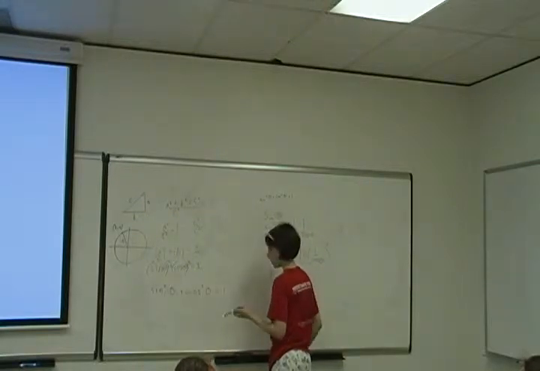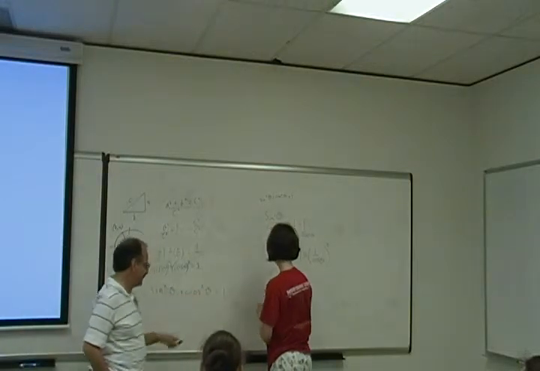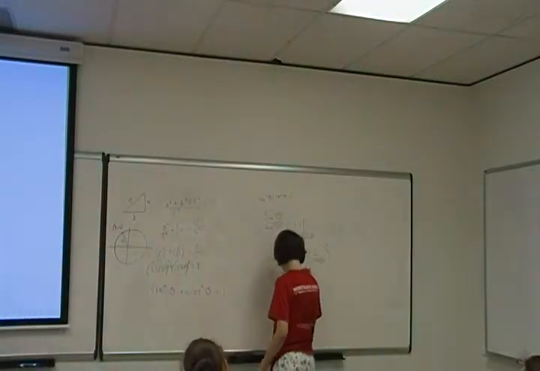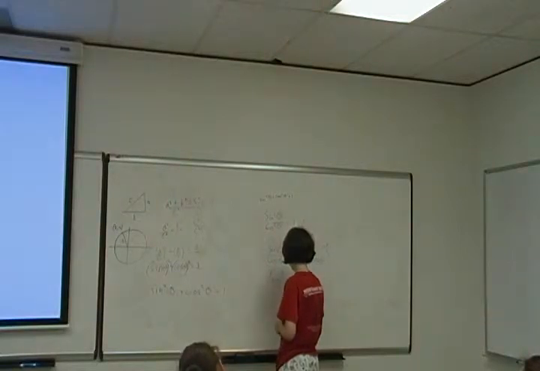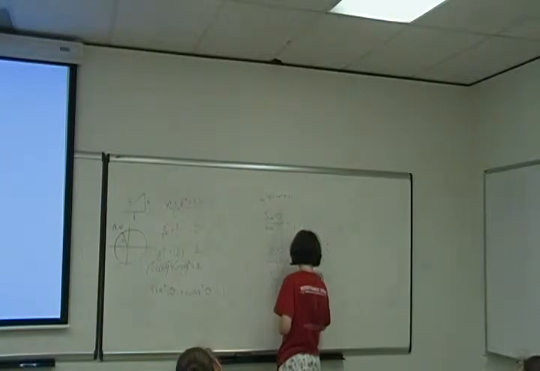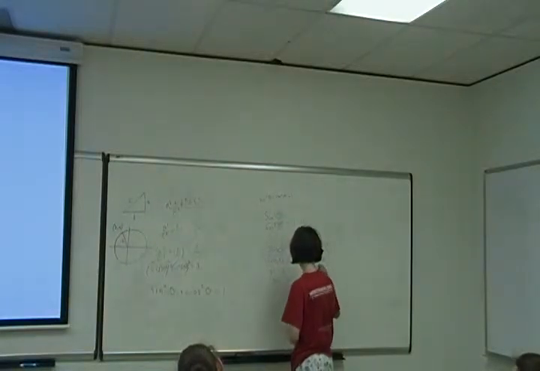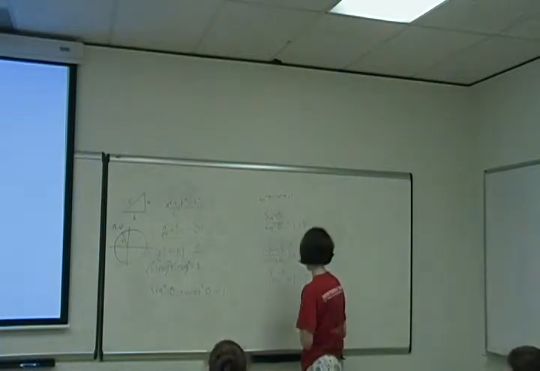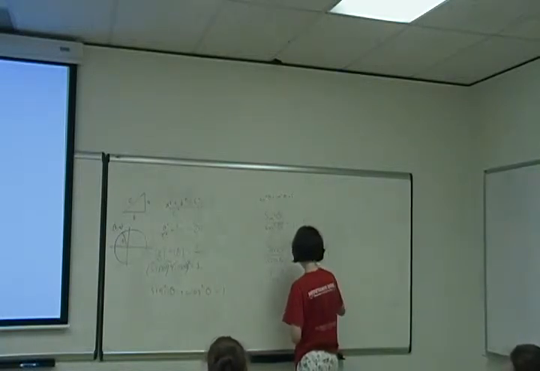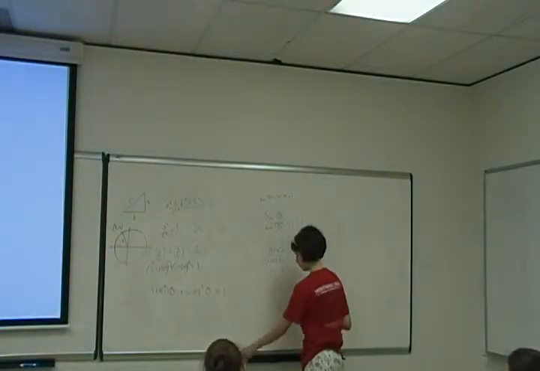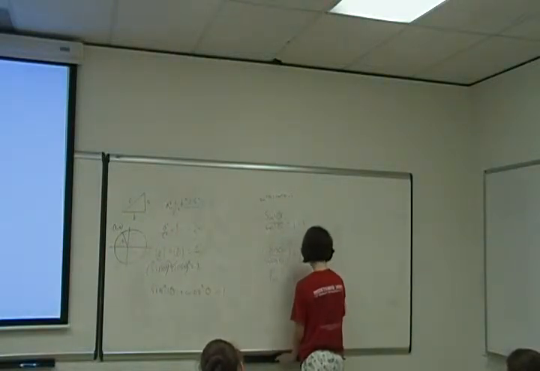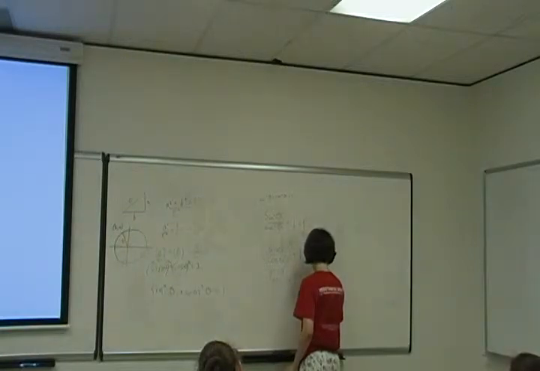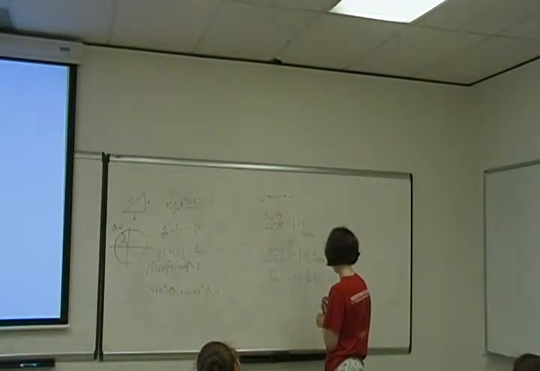Hold on. What is 1 over cosine called? Your square's in the wrong place.